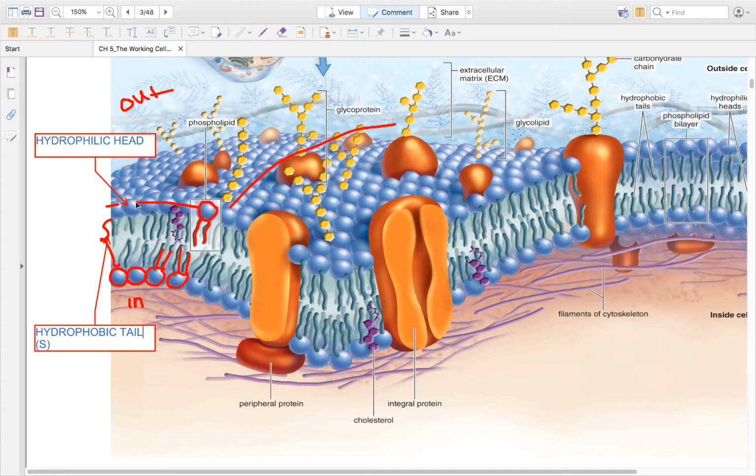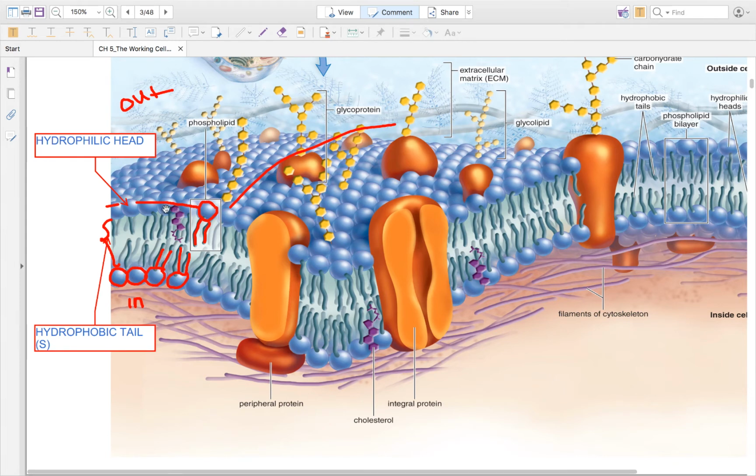they align and they can interact with water freely, and they're happy there. And same on this side. But these hydrophobic tails fear water, they hate water, and they immediately flip and reorganize themselves in this position.